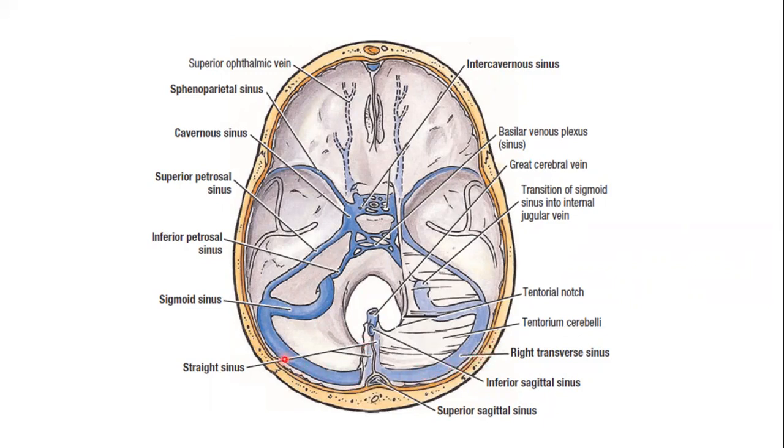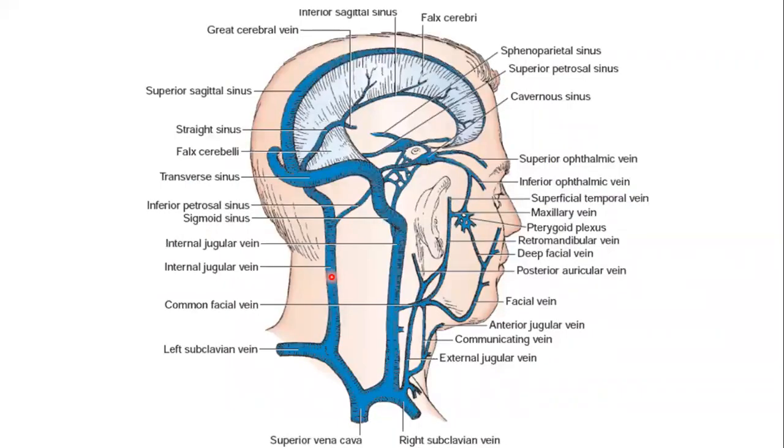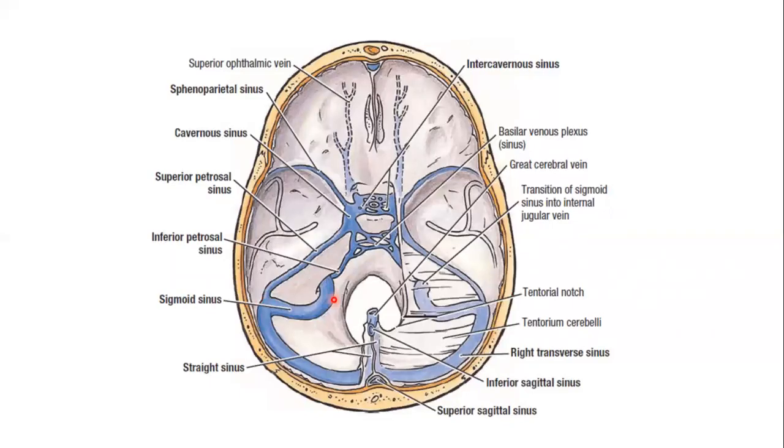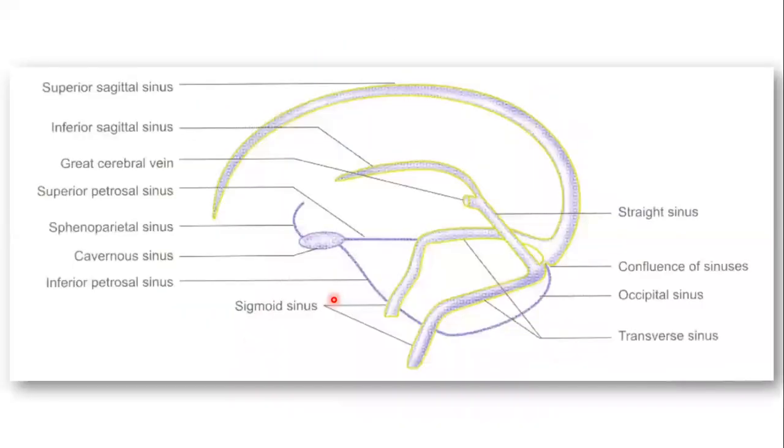The left one is larger, and it continues as the sigmoid sinus, which drains into the internal jugular vein. Again and again I am repeating that the ultimate drainage of all these sinuses is into the internal jugular vein.